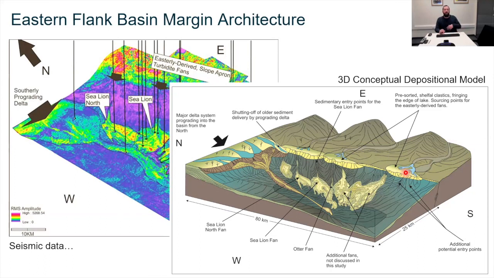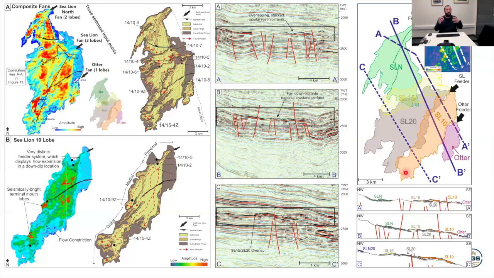So we've got an environment during the early Cretaceous, an early Cretaceous lake with turbidite fans coming into it. This slide has a lot of information on it, but what I want you to get from this is the Sea Line fans. This is the amplitude maps, the same sort of amplitude maps as I showed previously, of the Sea Line fan. And we can see in plan view, the seismic amplitudes show variability, but what they also show is quite interesting seismic architectures, sinuous architectures, things at the end of the fan system that I call terminal mouth lobes.